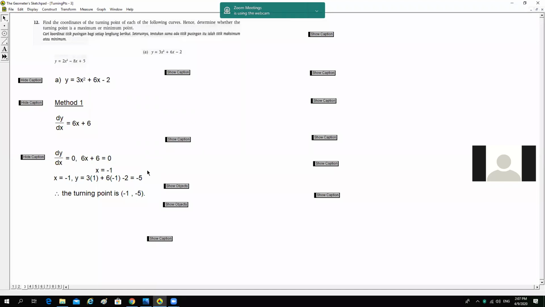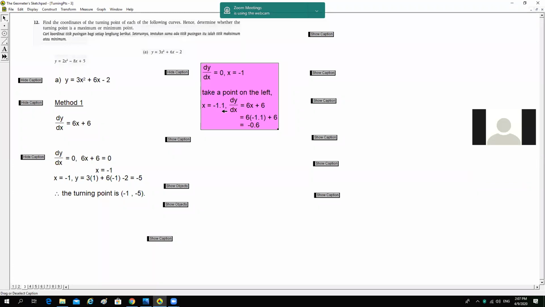But how to determine the type of turning point? Right, so for the type of turning point, you use dy/dx equals 0 when x equals −1. Now, in order to use the analysis of gradient, you have to take a point on the left. Left of what? Left of this x equals −1. That means on the left is a number smaller than −1. So for a number smaller than −1, I choose −1.1. Just now, Farish asked me, can I take −2?